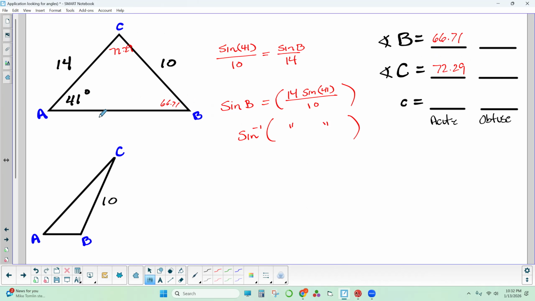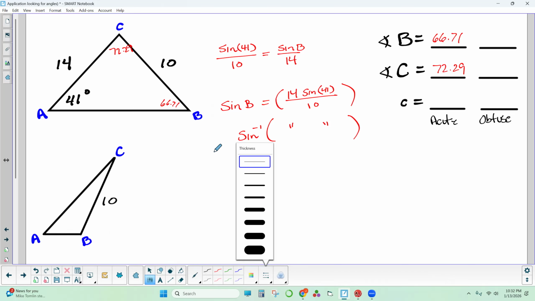Now we've got to find side C. So to find side C, I'm going to use the law of sines again. Okay?